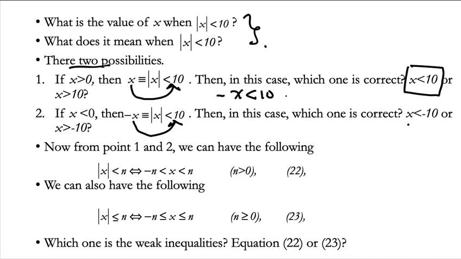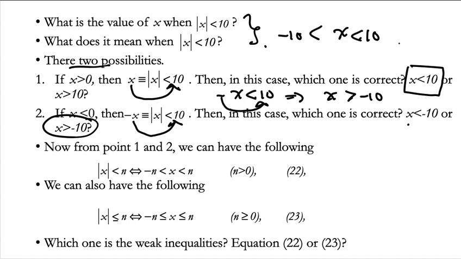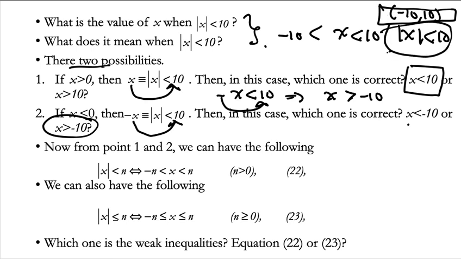It is simple. Okay. x greater than minus 10, because you bring the minus sign to the other side. So this one is correct. Then you know that x has to be between minus 10 and 10. Okay, so the interval is (minus 10, 10), isn't it? Or another way to write it is the absolute value of x is less than 10. That's why this one can be rewritten as this, and this can also be rewritten as this.